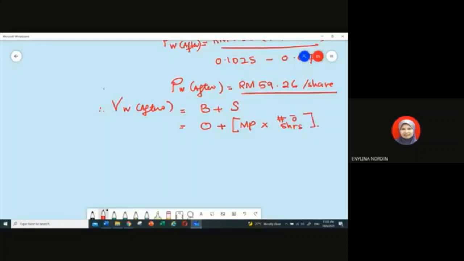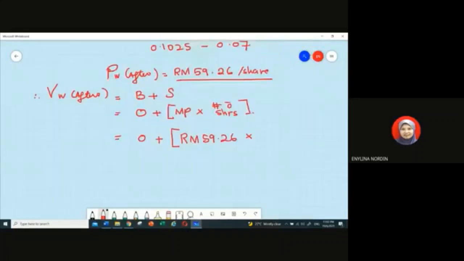So for Wangsa, 0 plus the new price of share, 59 ringgit 26 cents, multiplied by the same number of shares outstanding.